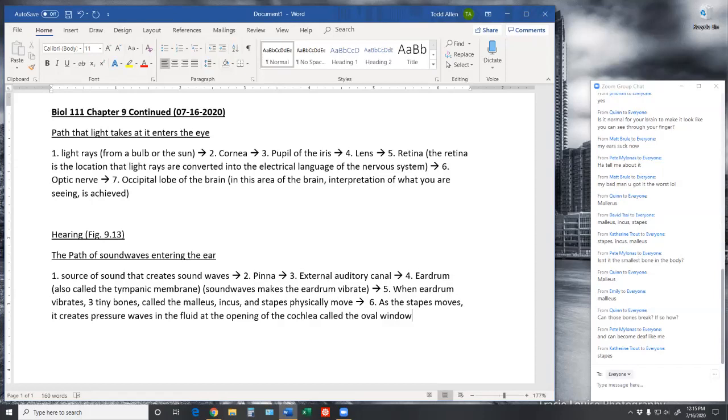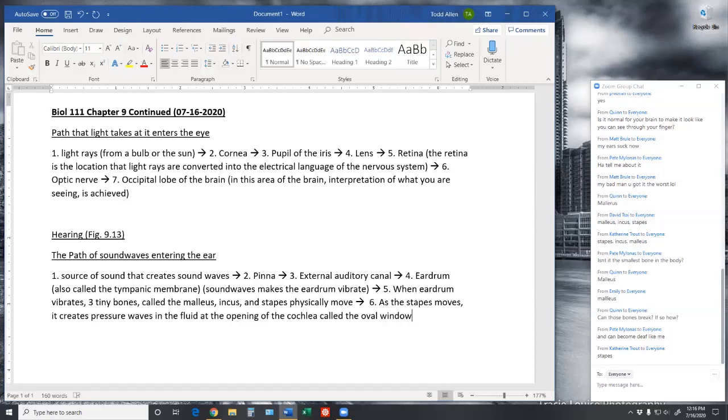It's the spiral organ of Corti that's capable of taking the pressure waves that were just generated by the movement of the stapes and generating these electrical signals along the auditory nerve that will then travel up to the brain.